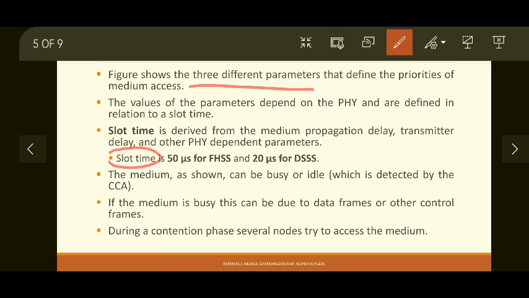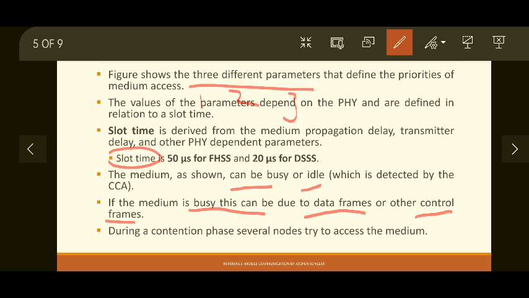Okay, so the medium can be busy or it can be idle also. So based on that you have to wait. How much wait? Based on these three parameters. If the medium is busy, this can be due to ongoing data transmission or ongoing control packet transmission.